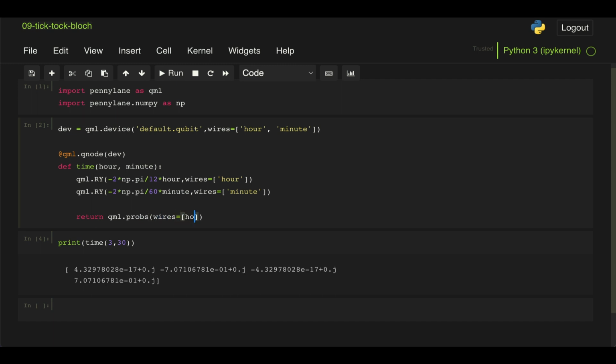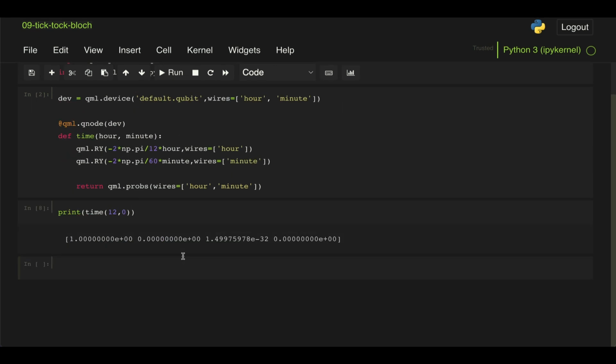So the wires hour and minute. And then if we now print 12 o'clock, so 12, 0, and let's re-execute this, we get a probability of 1 for state 0, 0, which is what we expect, right?